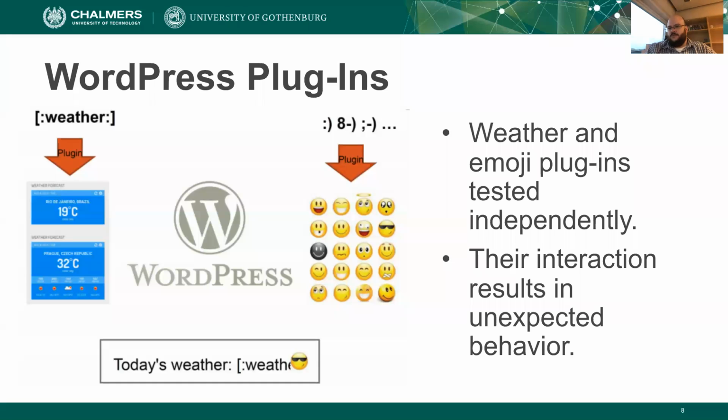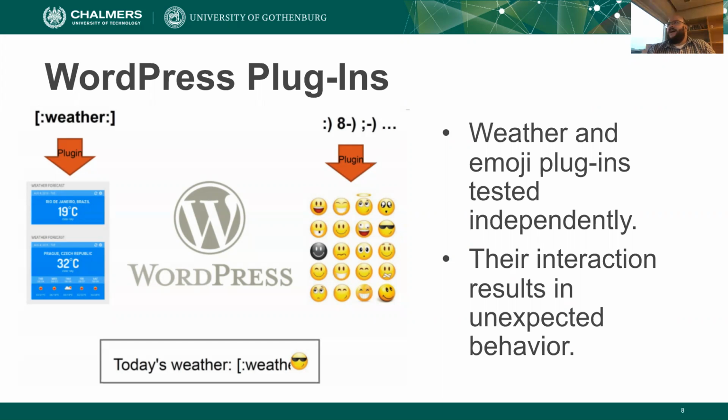So you type colon and right paren, and that becomes a smiley face. Great. But we also have a plugin in place that inserts a forecast widget into the posts, which is activated when in our post we type an open square bracket, colon, weather, colon, close square bracket, right? And that's going to insert a weather widget.